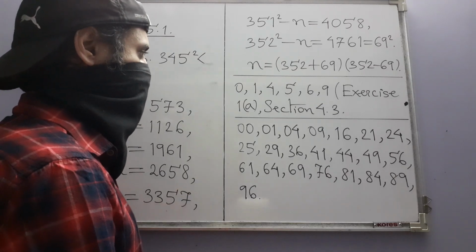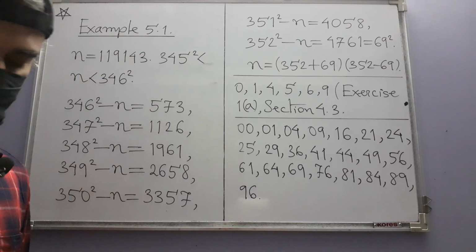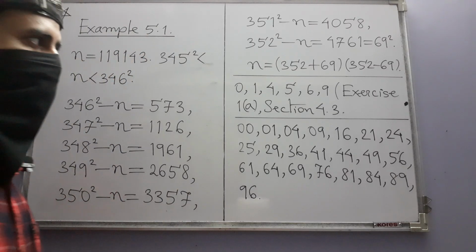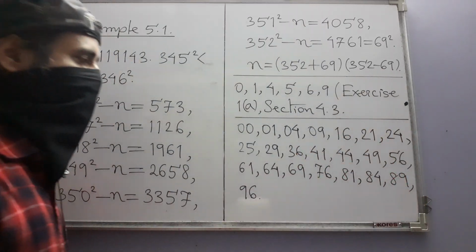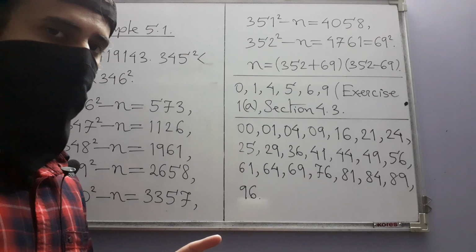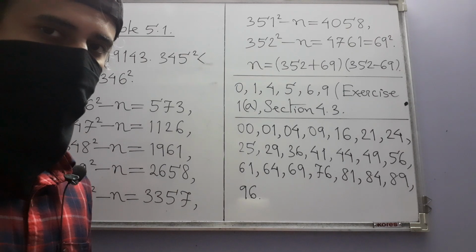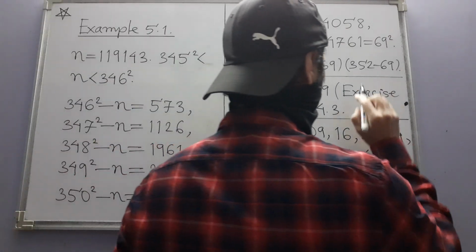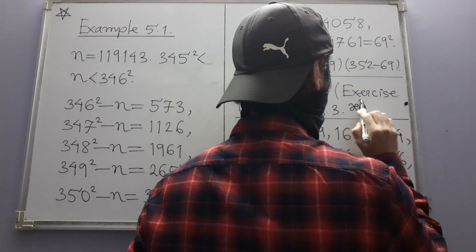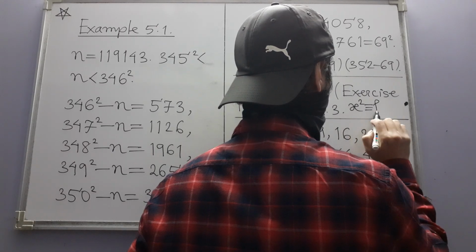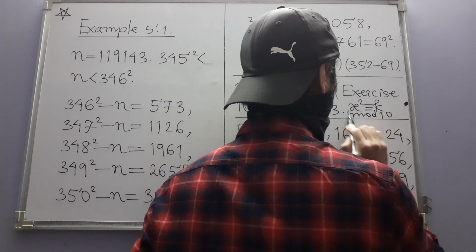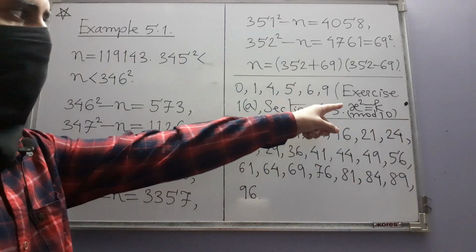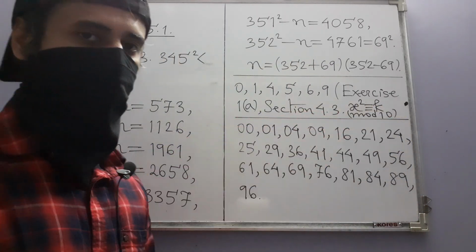To do that, what the author has done is he has found the last digits of any square by going through this type of congruences: x square congruent to k modulo 10.